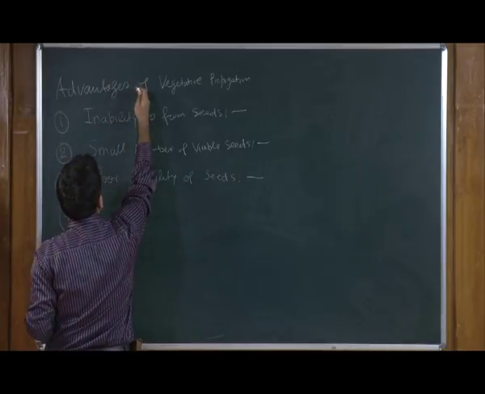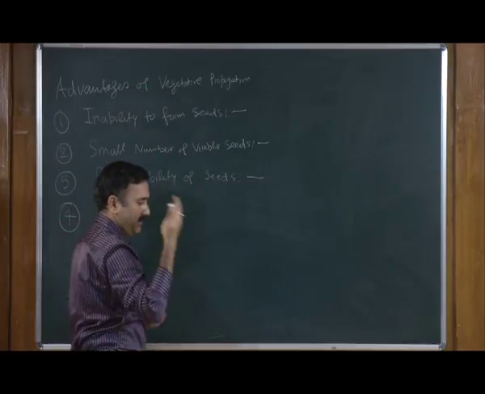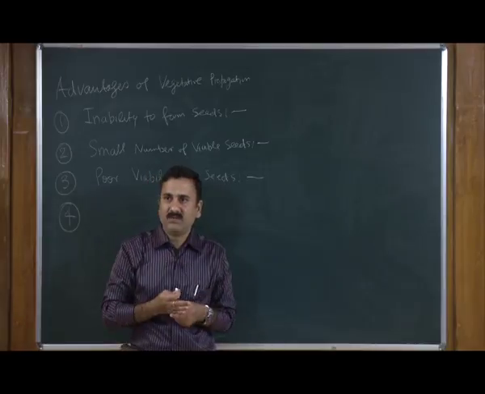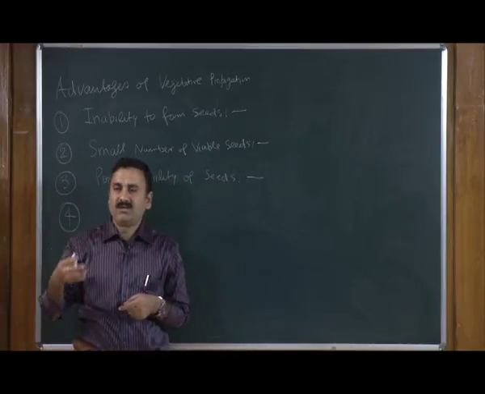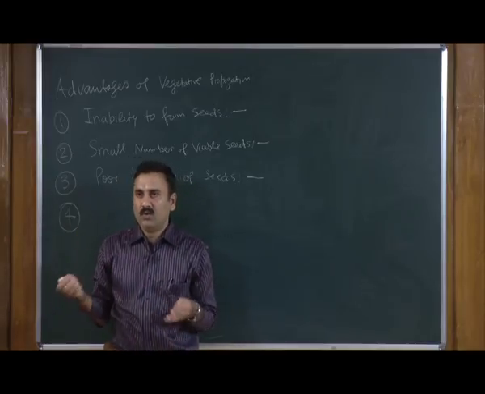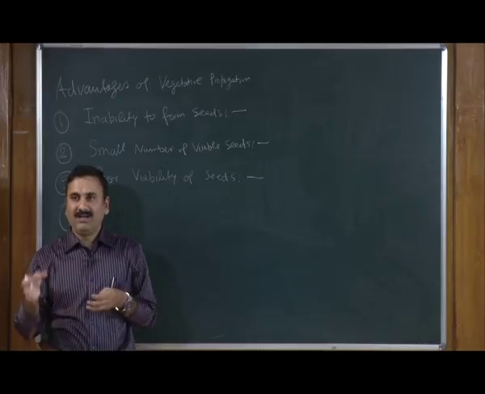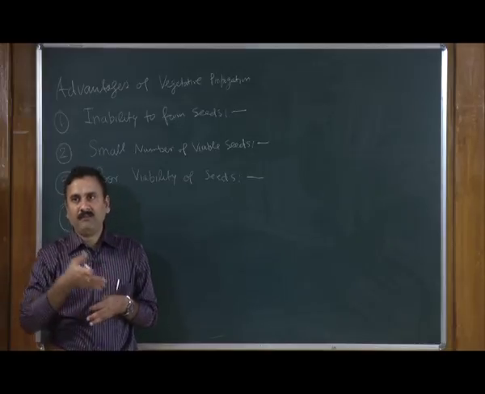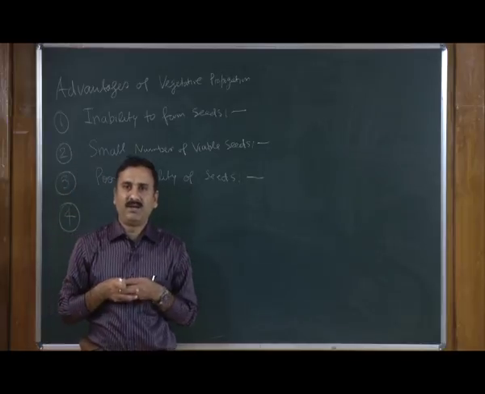Number 4, as we discussed previously, vegetative propagation is like making replicative copies of the same plant. There is no mixing of traits at the genetic level, and because of that it keeps the purity of a plant species.